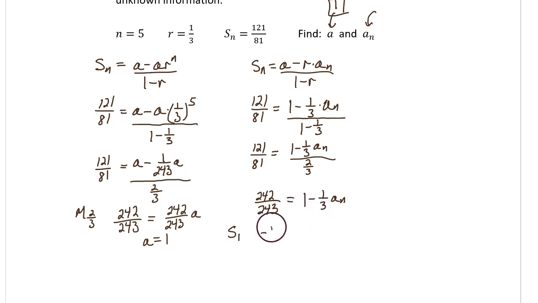That makes negative 1 over 243. And that's equal to negative 1/3 times a sub n. Finally, we can multiply by negative 3, because that's the reciprocal of the negative 1/3, and that will cancel it, getting the a sub n alone. So that makes 3 over 243 is equal to a sub n.